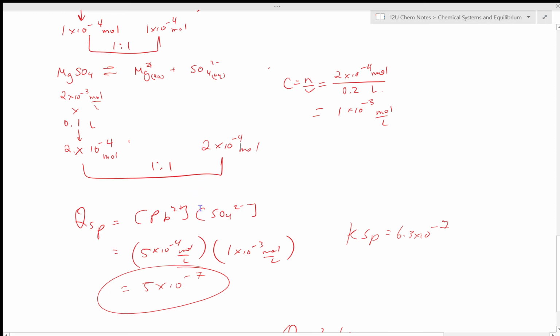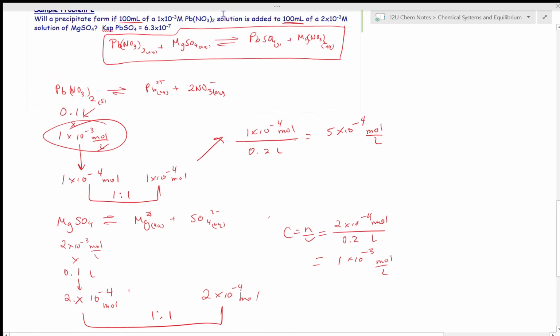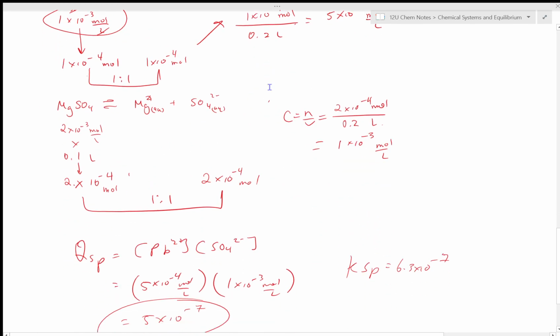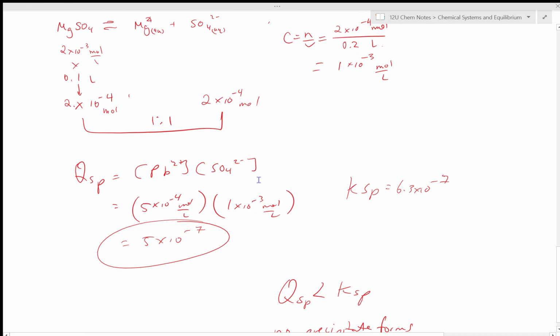And we know they are both to the power of 1 because the original stuff, which is the lead sulfate up here, has 1 lead to 1 sulfate. And so our solubility here is 1 lead to 1 sulfate. And all I need to do is take the values that I calculated, so 5 times 10 to the minus 4 moles per liter of lead, 1 times 10 to the minus 3 moles per liter of sulfate, and take the product of them. And I end up with 5 times 10 to the minus 7.